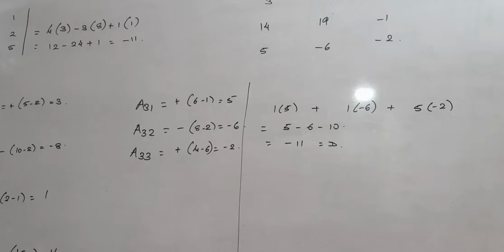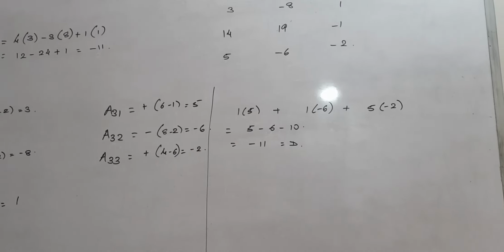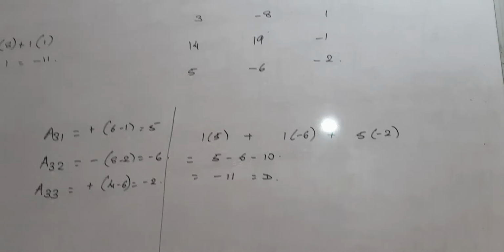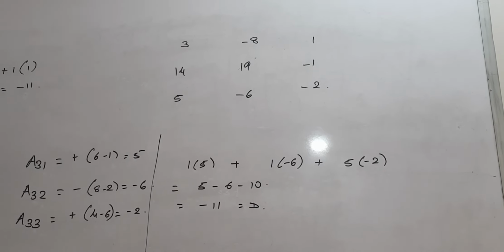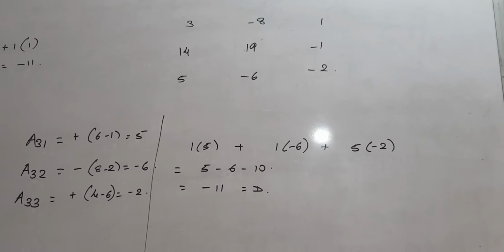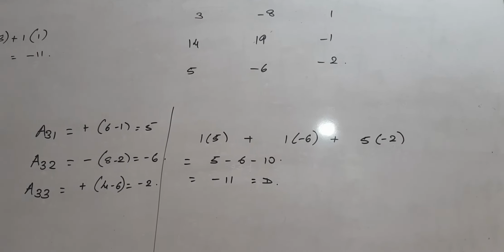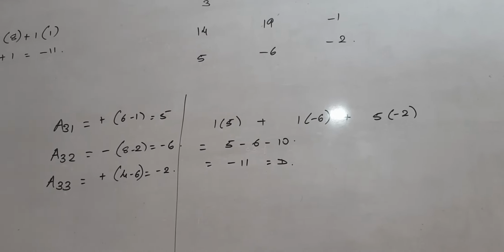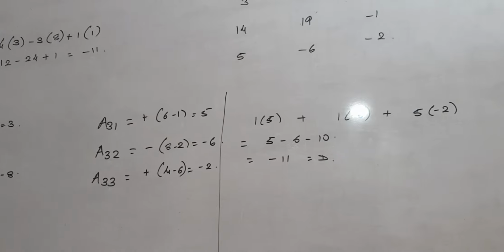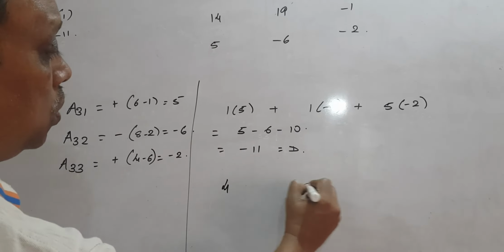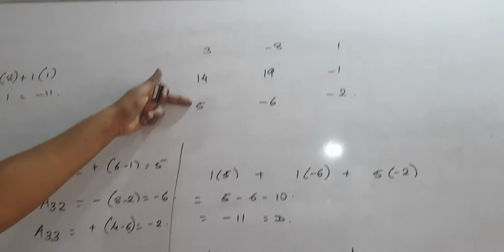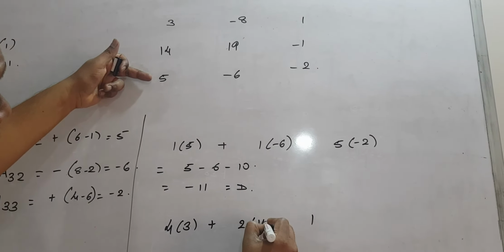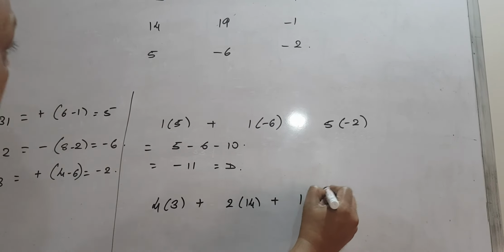So this is one of the important theorems, the seventh theorem: if we multiply the elements of any row or column with their cofactors, you will get the value of the determinant. जरूरी नहीं है, मैंने यहाँ row लिया, I take a column, समझो first column लेता हूँ, 4 2 1. I multiply these with their cofactors, 4 into 3 plus 2 into 14 plus this 5.